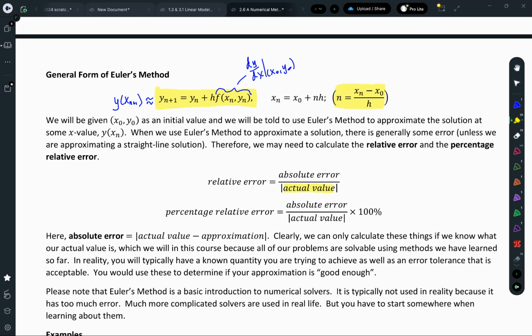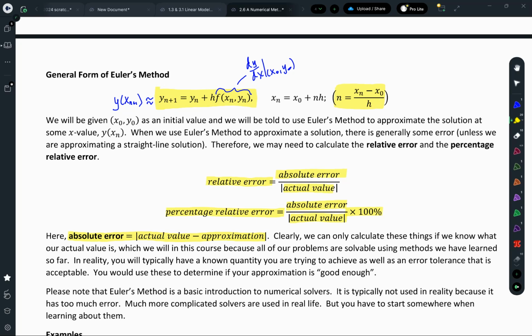And then the absolute error that's in the numerator of each of these fractions, that's taking the actual value minus the approximation, okay? So it's a bunch of stuff in here, but all of them require knowledge about the actual value.